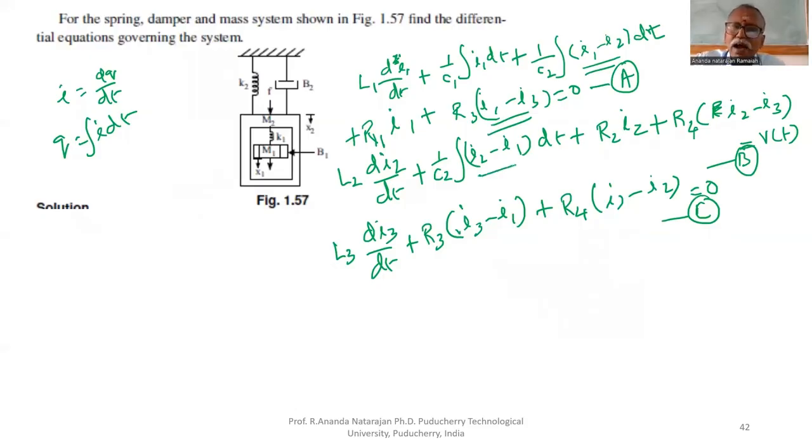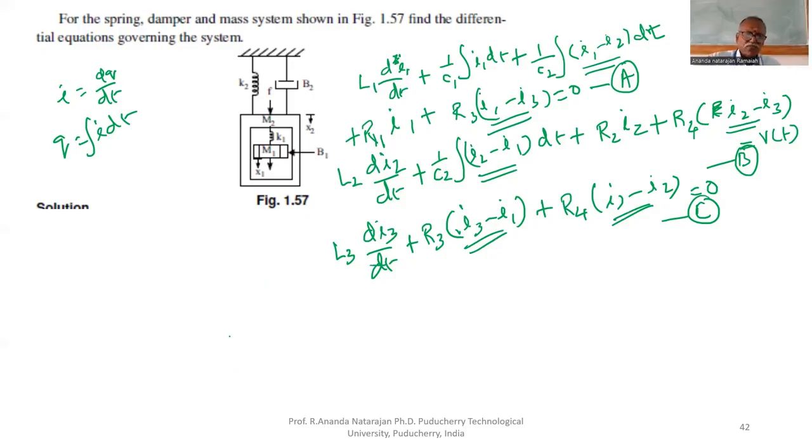Here, I1 minus I2, first loop and second loop. I2 minus I3, second loop and third loop also adjacent. First and third, second and third. Here, I3 minus I1, third loop and first loop are adjacent. I3 minus I2, second loop and third loop are adjacent.